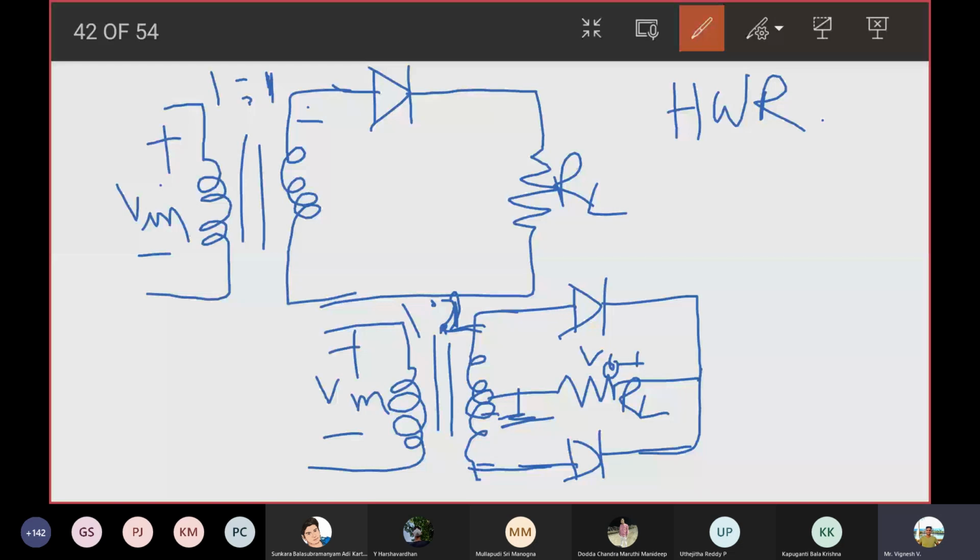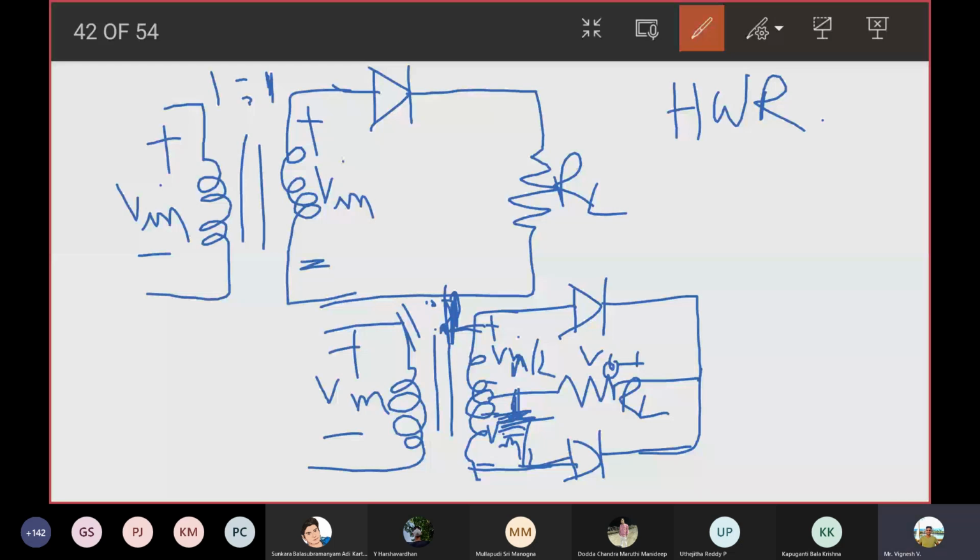But since this is center tapped, whatever input that you are giving here, and if the turns ratio is 1:1, that is halved, right? You will end up getting Vm by 2 in the upper half and Vin by 2 in the lower half, right? So it means there is a loss at the input which is happening. You will not get the full output if the turns ratio are exactly same.